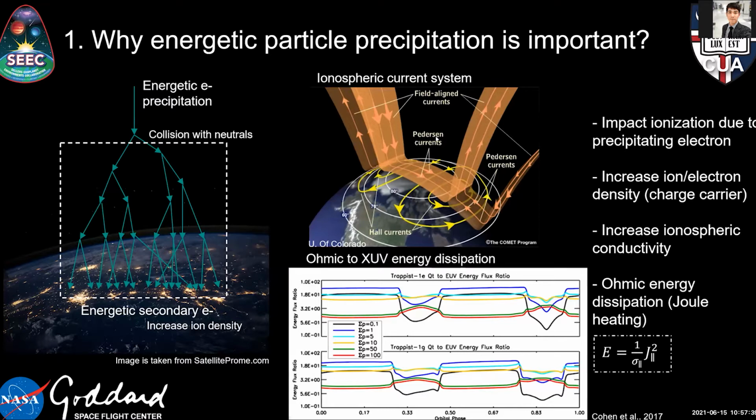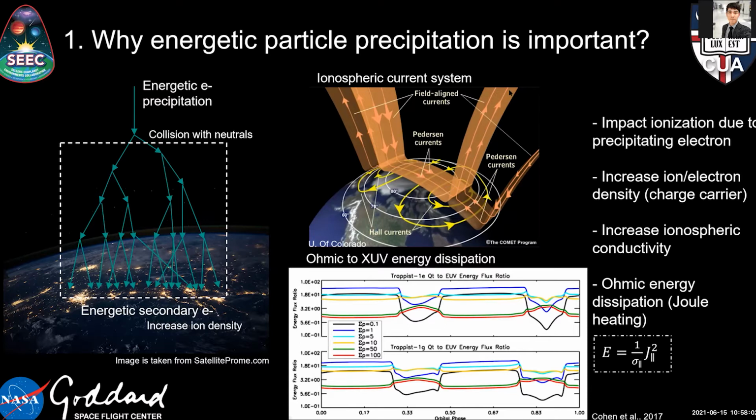And here in the middle, the ionospheric currents. Ionospheric currents are connected to the magnetospheric currents. Field-aligned currents flow down into the ionosphere and connect to the horizontal currents of the ionosphere, which are Pedersen and Hall currents. Then these currents flow back to the magnetosphere.